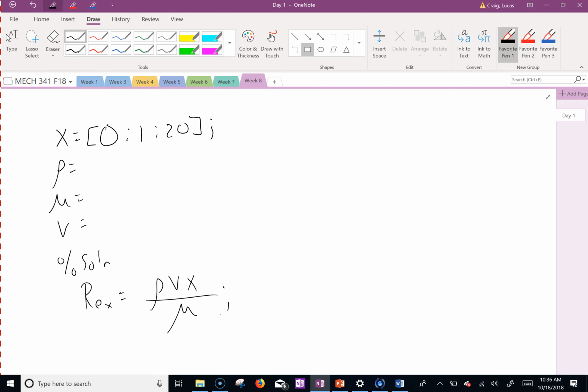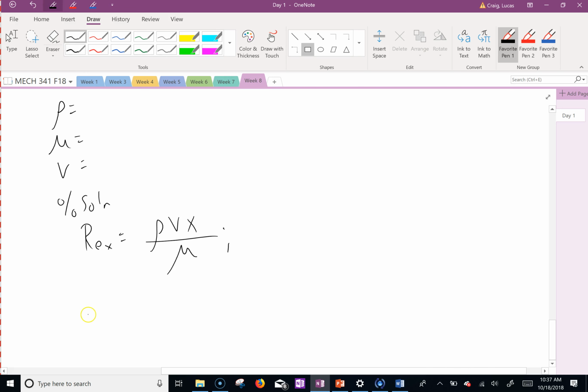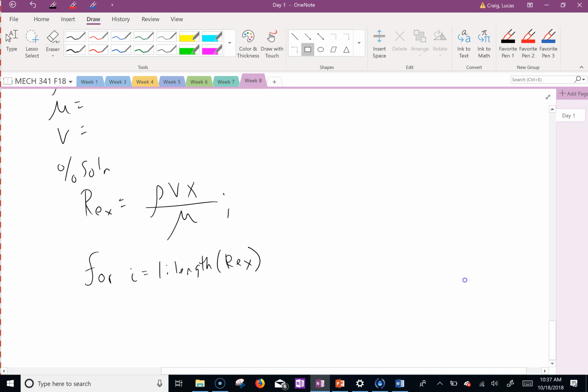So you calculate Reynolds number. For each Reynolds number, you need to check, right? So, for i equal 1 to the length of REX.